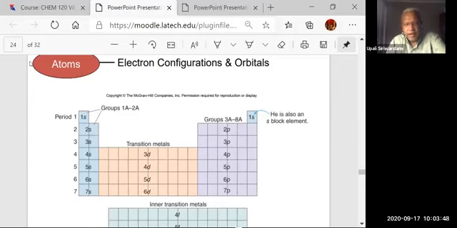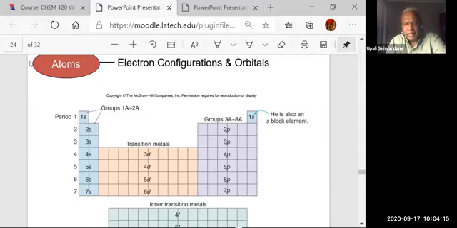This periodic table shows the last electron added to group 1A, or group 1, is added to an s orbital, and you can find which s orbital from the period. Then the B elements, the transition elements, the last electron is added to d.